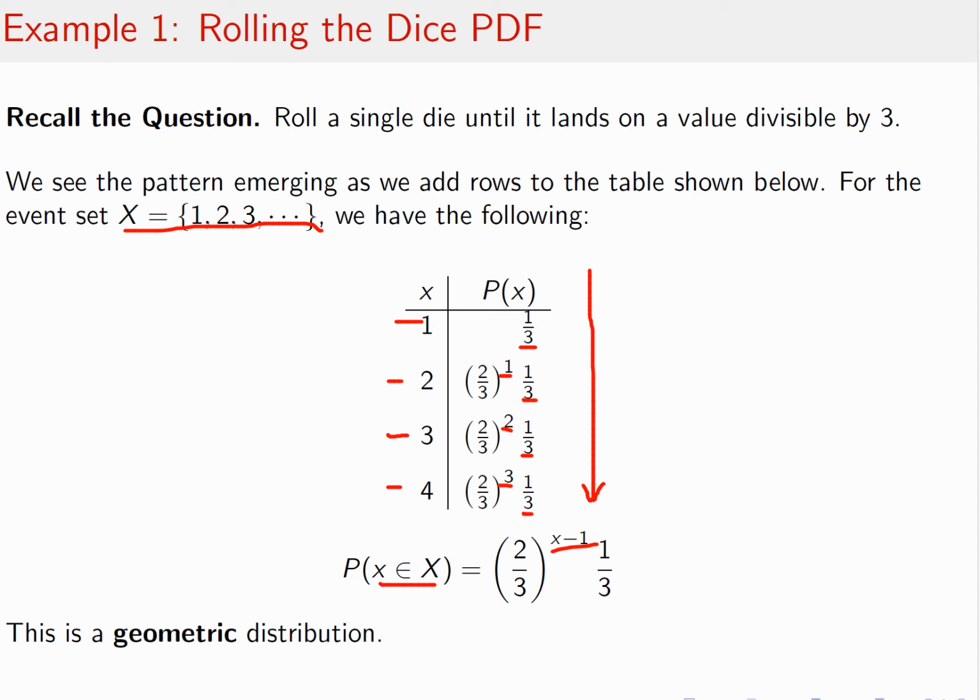And this is a classic geometric distribution. And the increasing pattern that we see as the exponents increase is happening with the 2/3. And then we have a constant of 1/3 multiplied by that geometric pattern. Well, I guess the 1/3 is part of the geometric pattern.